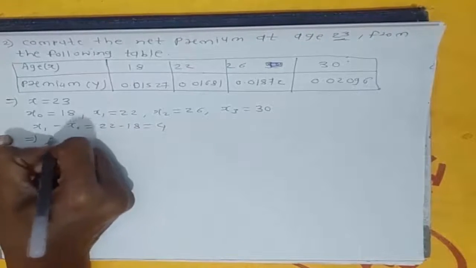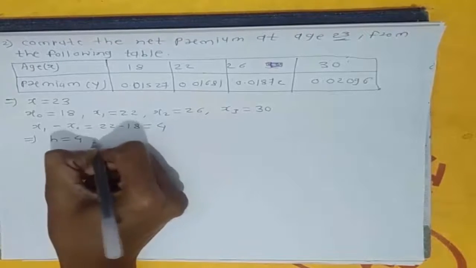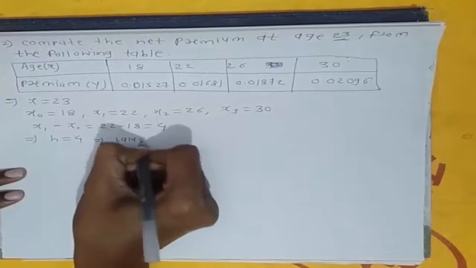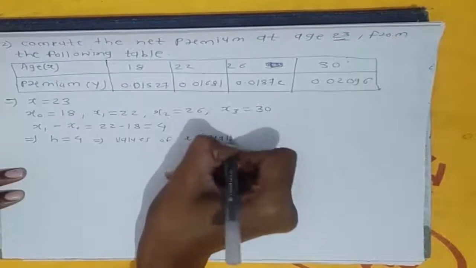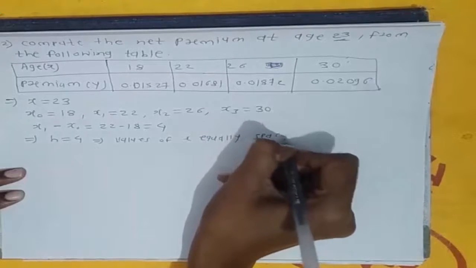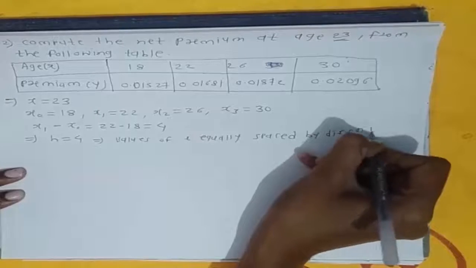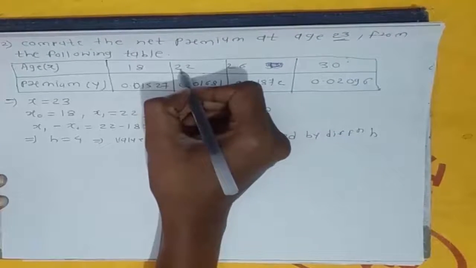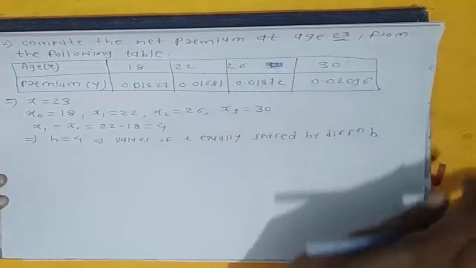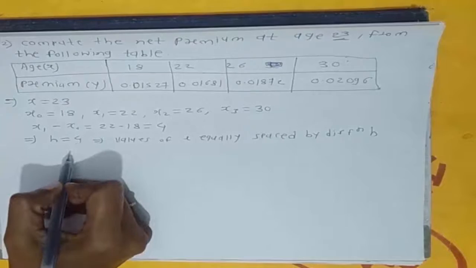So the values of x are equally spaced by difference h. Okay, all these values here: 26 minus 22 is 4, 30 minus 26 is 4. So the values of x are equally spaced by the difference h.